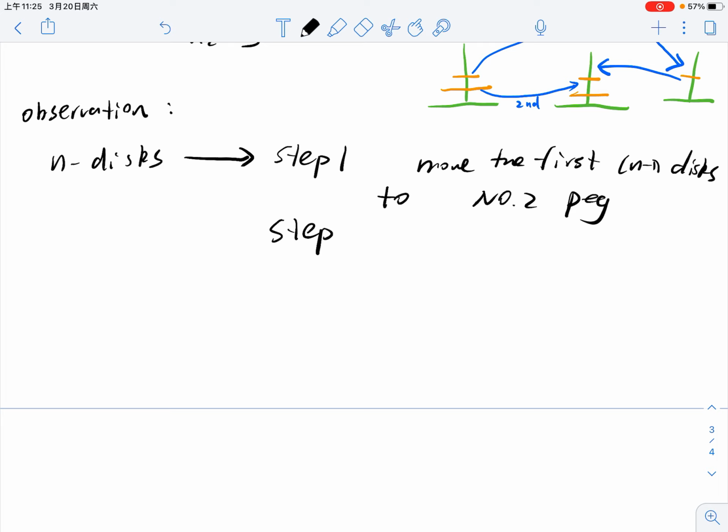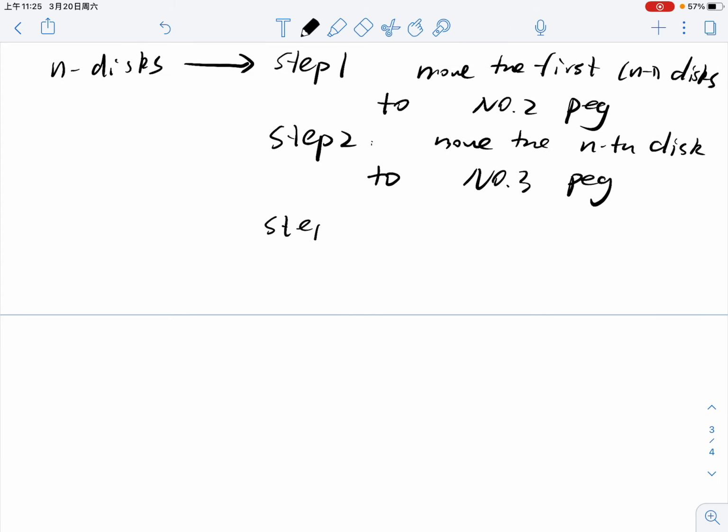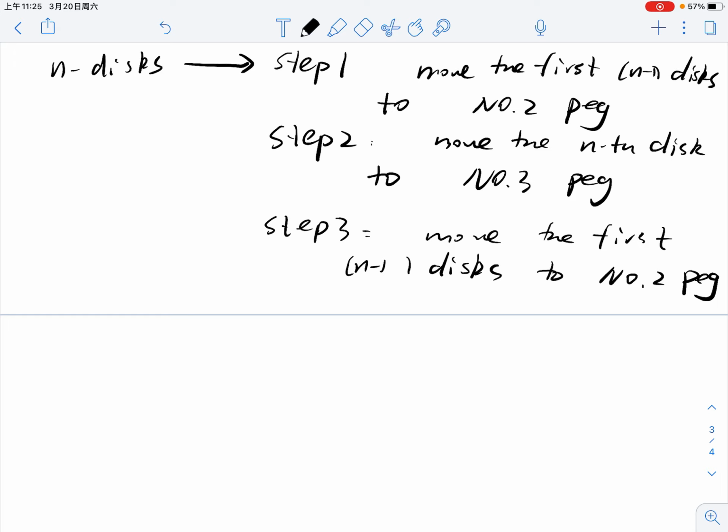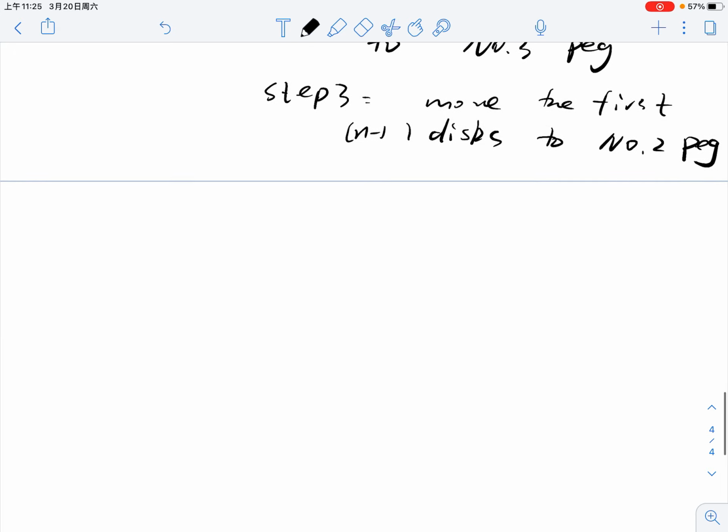Step 2, move the nth disc to the third peg. And step 3, move the n-1 discs to the third peg. After this reduction, you will find Hn should be 2 times H(n-1) plus 1.